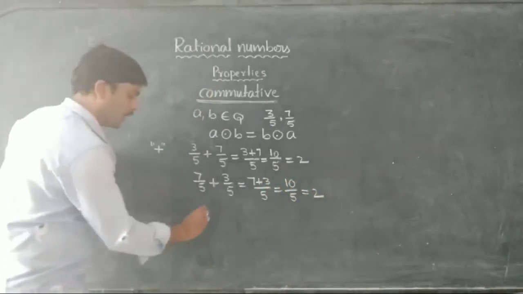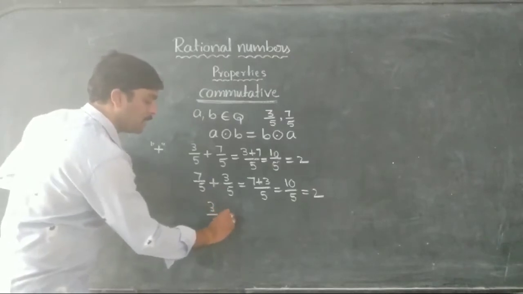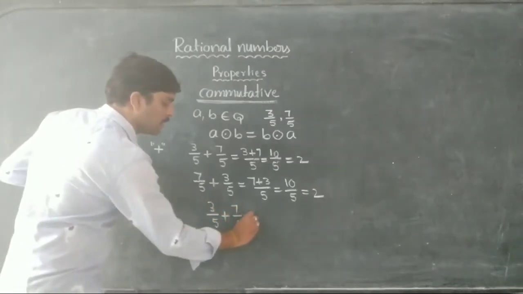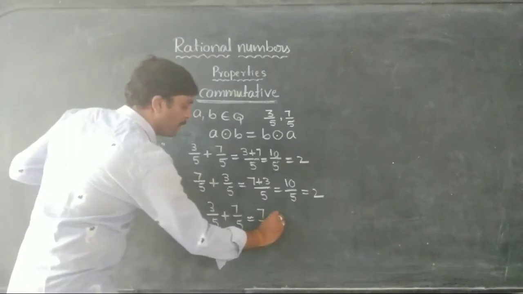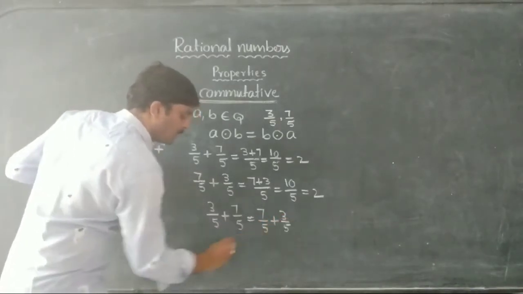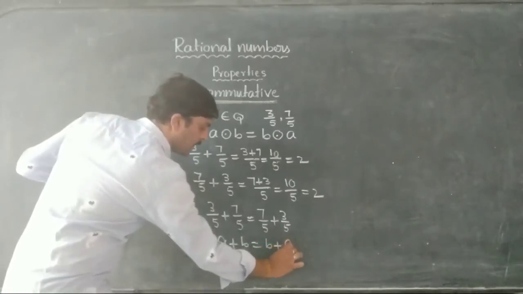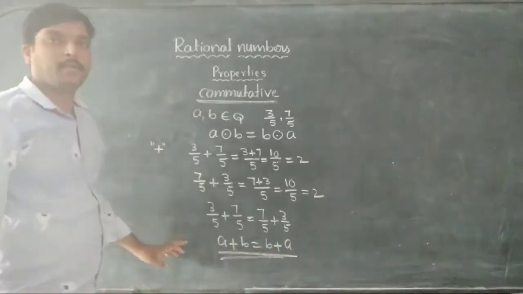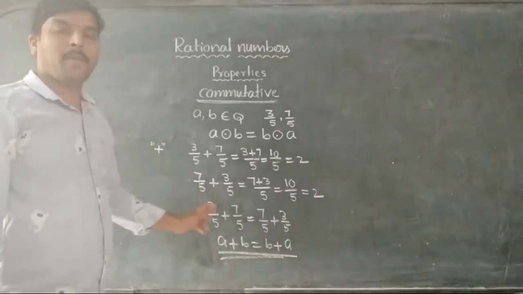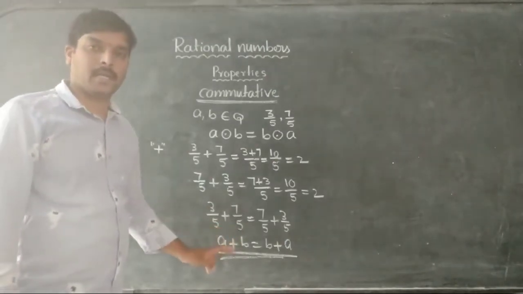What do we conclude? 3 by 5 plus 7 by 5 is equal to 7 by 5 plus 3 by 5. Finally, a plus b is equal to b plus a. This is the commutative property under addition.